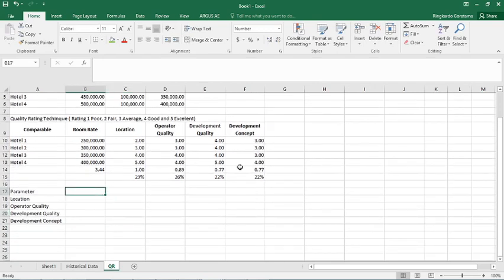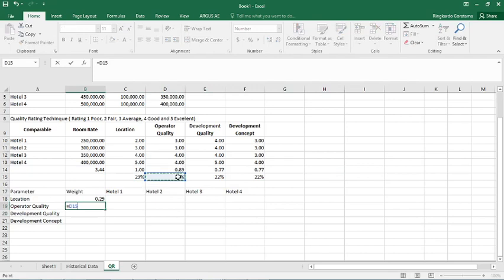We get the weight, and these are the comparables 1, 2, 3, and 4. So for the weight, location is 29%, operator quality, development quality, and development concept is 22%.